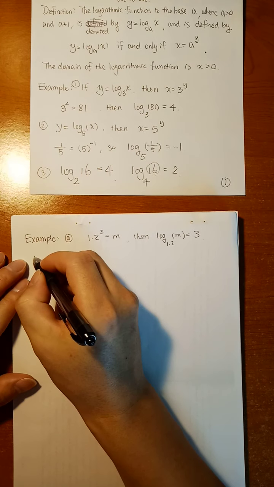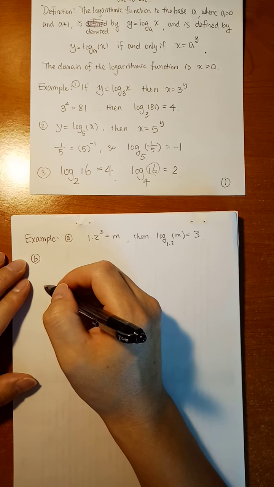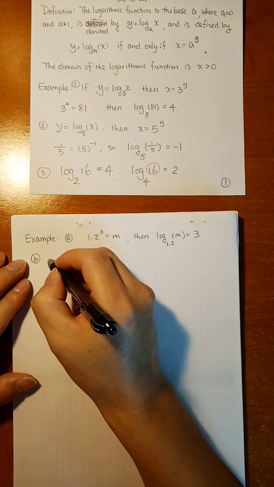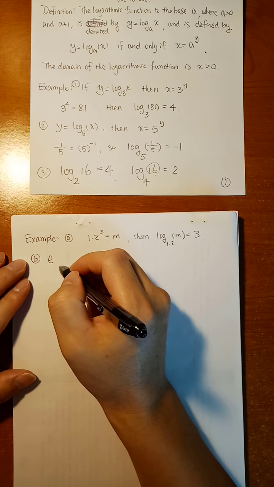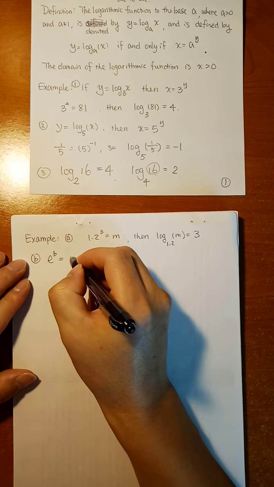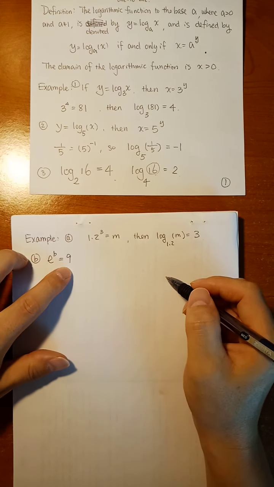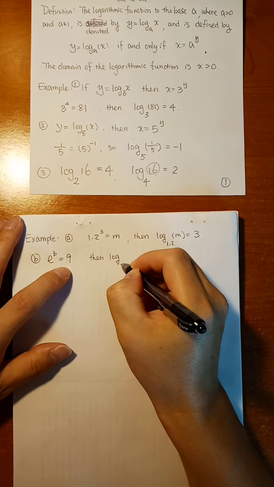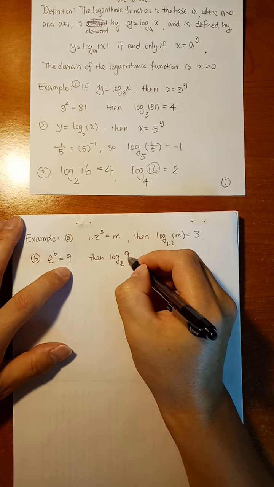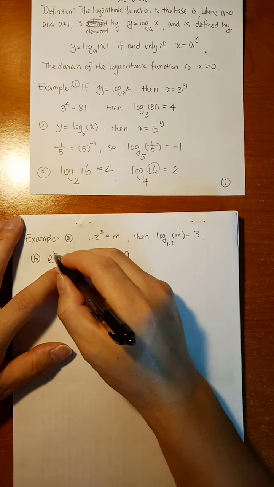And if e to the b is 9, then the logarithm to the base e of the number 9 is equal to b.